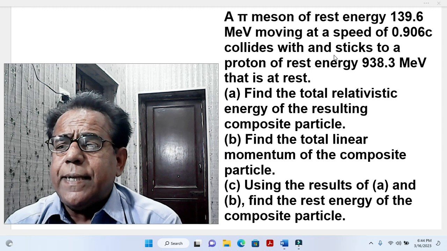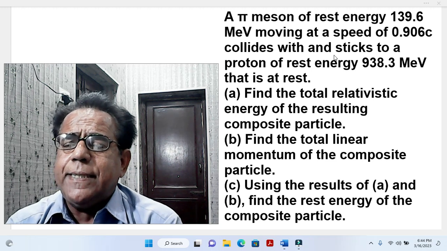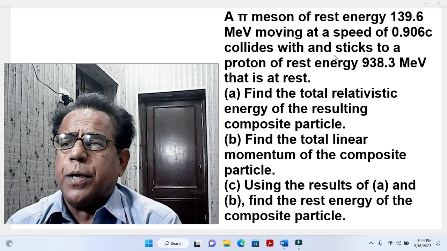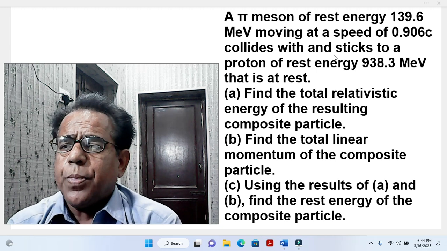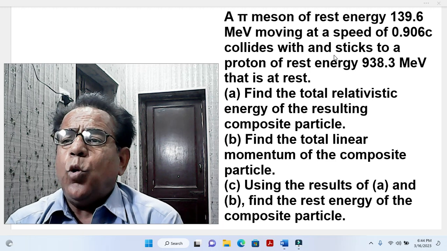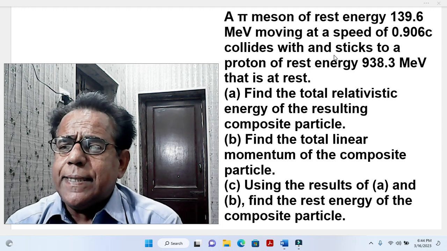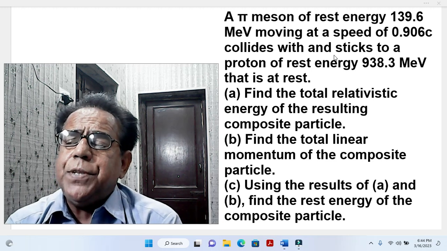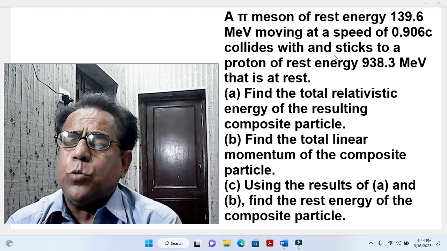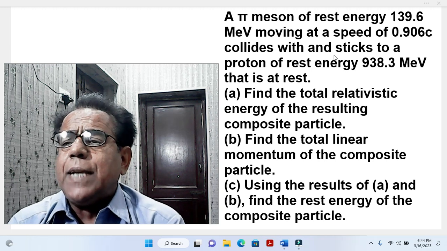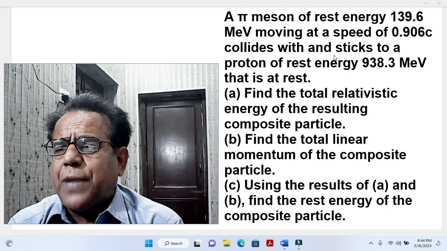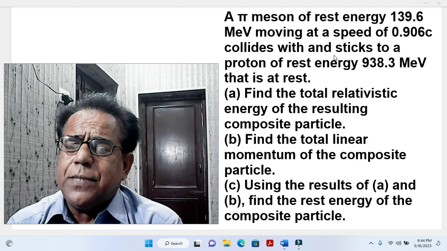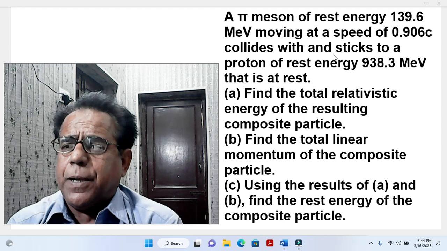Dear students, here the wording that is at rest is very important. This is for proton. Moreover, this rest energy 938.3 is also given in the table, which will be used as a helping tool of this problem, so even if this value is not given in this problem, we can find this value from the concerned table.